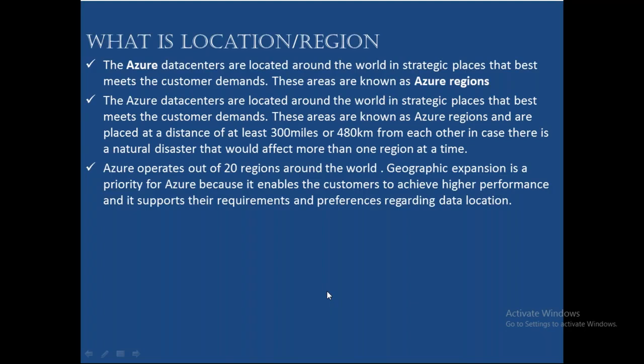So that's why any cloud provider, whether it's Azure, Google, or AWS, needs to expand their data centers to more regions to get higher performance. How will they get higher performance?